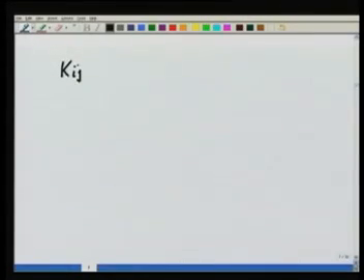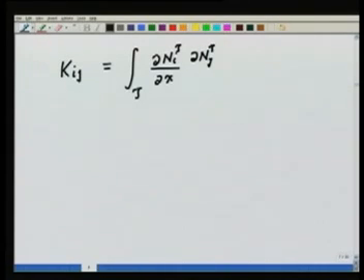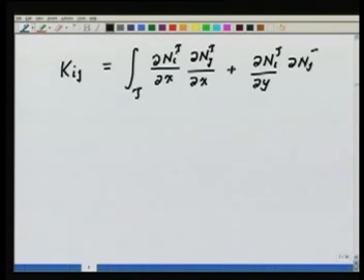the entries of the stiffness matrix for the element, which is integral over the area of the element tau. We have taken the simple definition of the model problem. So I'll have del ni tau del x del nj tau del x plus del ni tau del y del nj tau del y, dA.